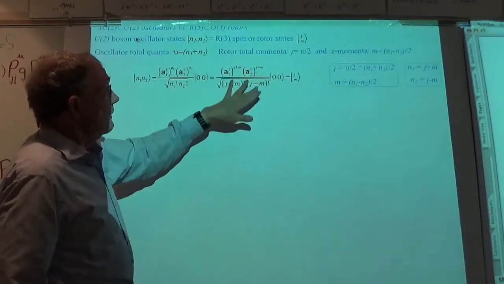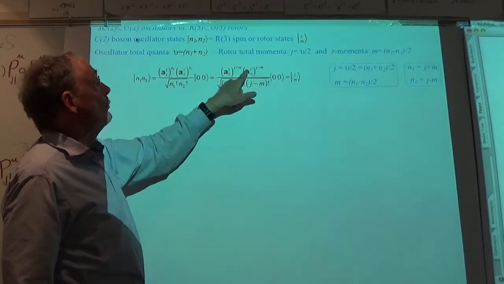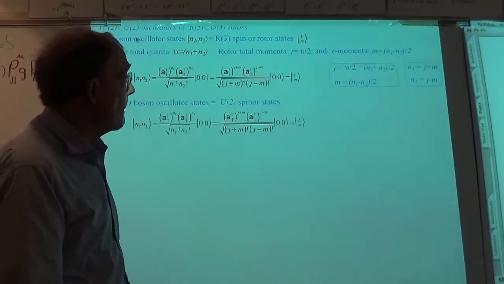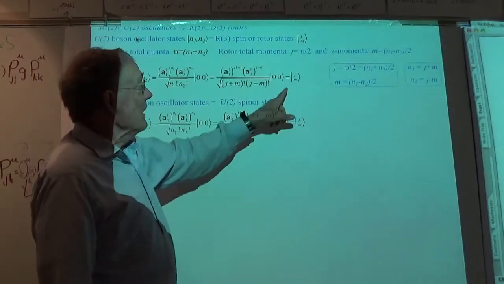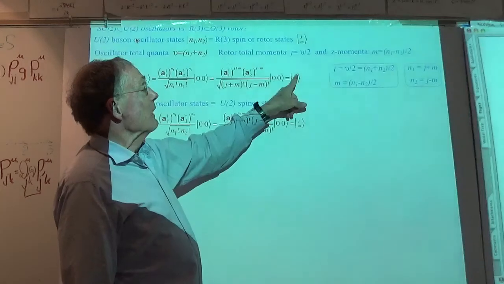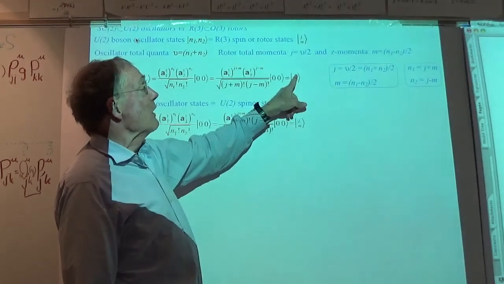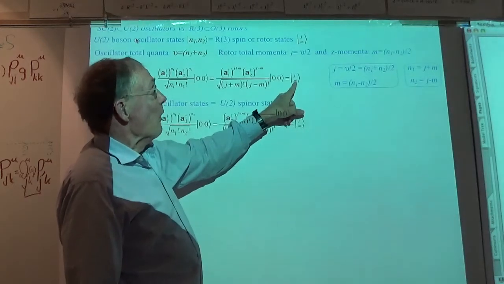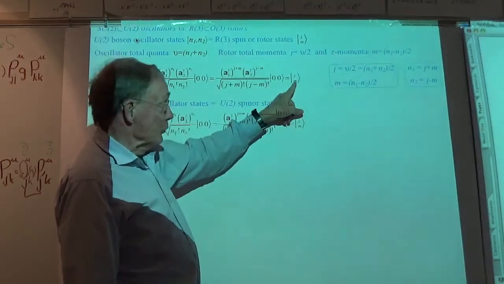So this is going to involve some algebra of 2 things. This one's just an algebra of 1 thing, which makes it a little simpler. And once again, that's our notation for angular momentum: the quantum number of the full U2, or R3, and then the quantum number for U1, or R2.